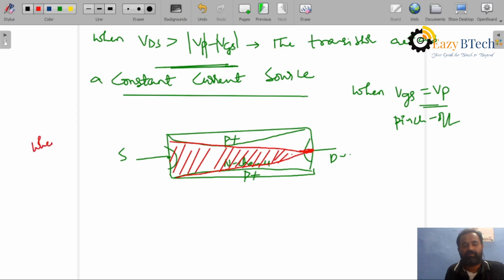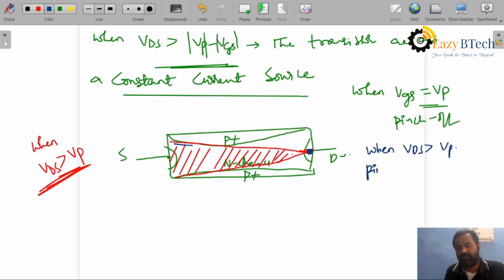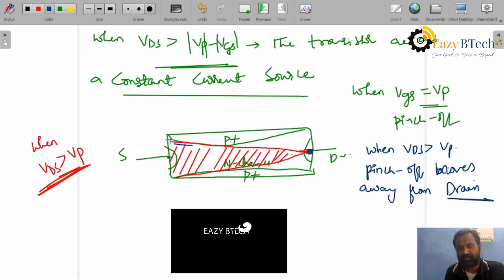Now when output voltage VDS is greater than VP, the pinch off point moves away from the drain.